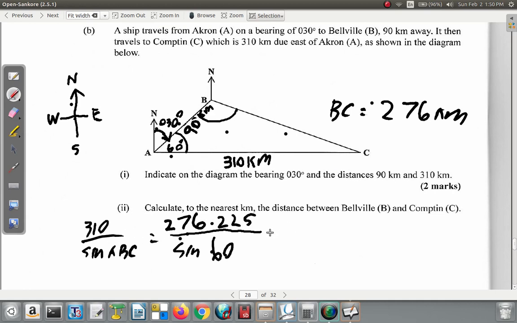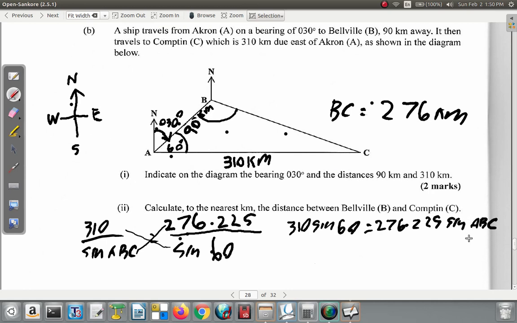What I will do is that cross multiplying thing that seemed to be somewhat popular. 310 sine 60 is equal to sine ABC by 276.225.